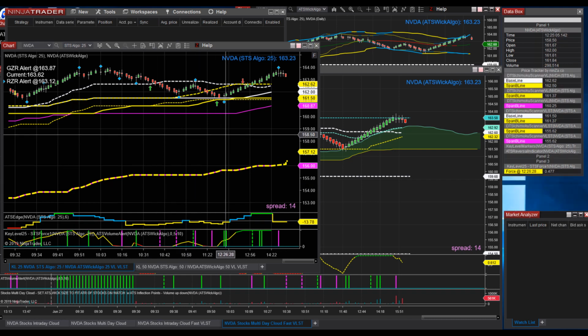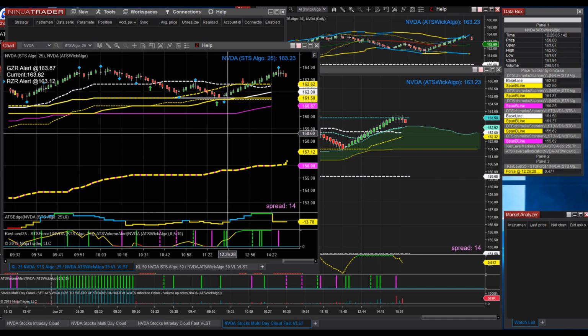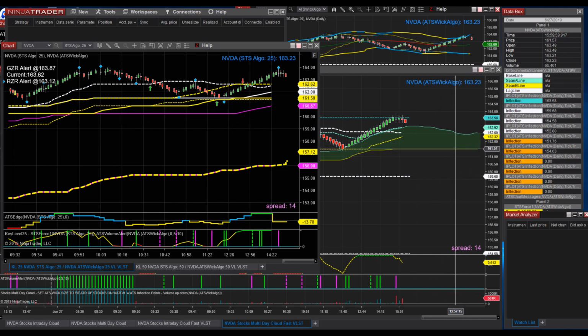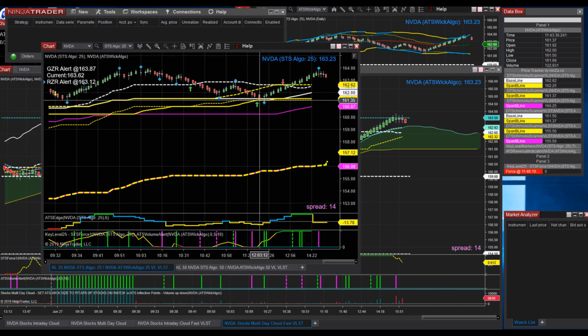And remember, the thicker lines represent the longer, more data input. So the VLST is the thicker lines, and the thinner lines is the actual VL. So we've got a yellow dotted line, and on a VL chart, that tells us what the cloud value is out to the right. So on the VL chart, 25 STSAlgo, which is our main thing that means more than the ATS wick input, we had a cloud level.